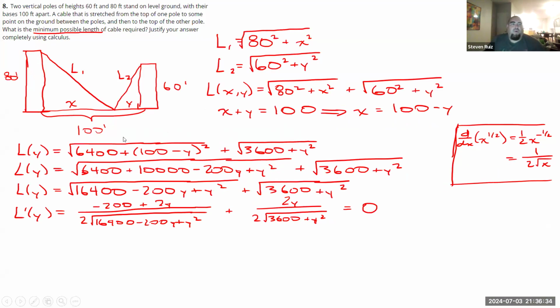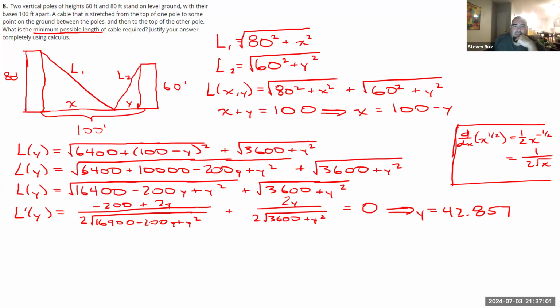So we said that our y value was equal to, so we'll use Desmos to solve this for us. Y is equal to 42.857. We don't know the minimum possible length of cable required. We have part of that, or we have the y value, which might help us find that.